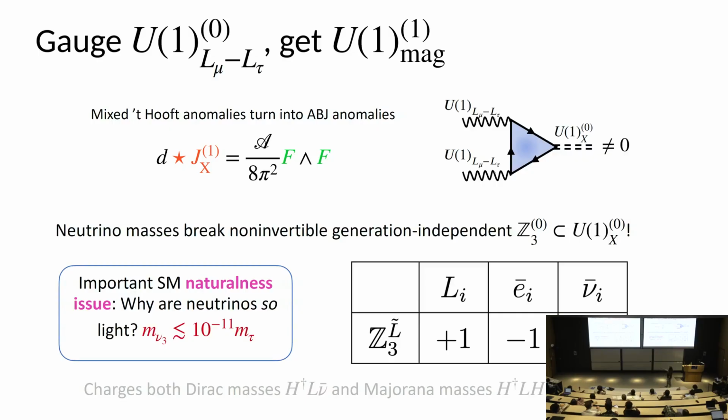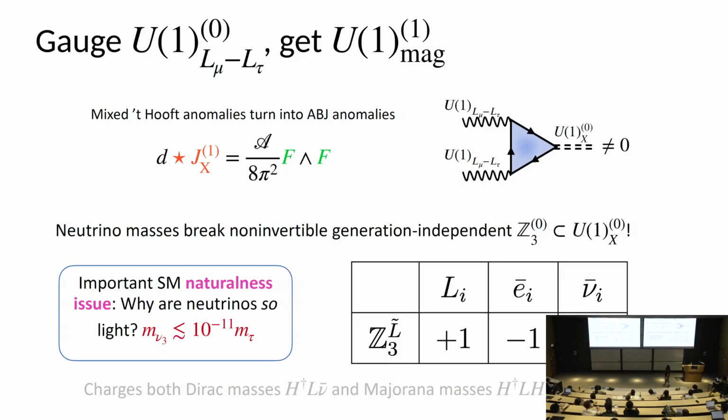And in fact, the business end of it is a certain generation-independent Z3 subgroup, which acts like this on the local fields. It acts like lepton number on the standard model leptons and gives right-handed neutrinos the opposite charge. And neutrino masses all break this non-invertible symmetry.